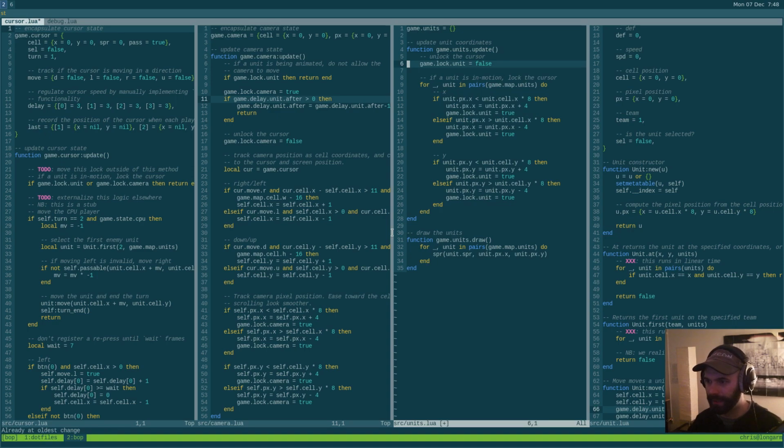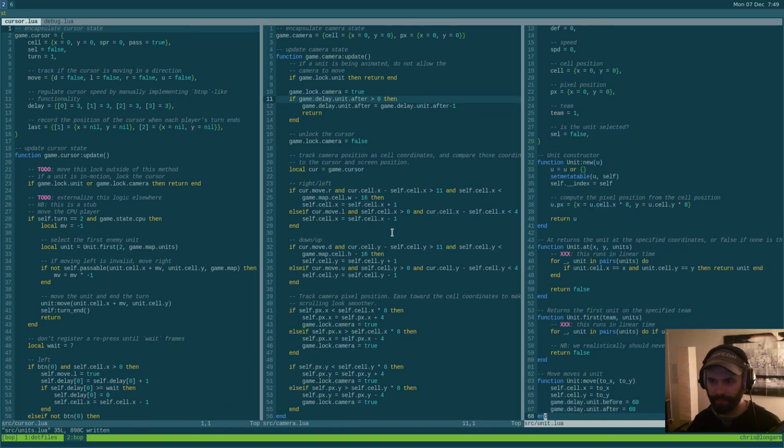Let's back out all that. Really, we kind of only need these pauses at all if it's the CPU's turn, I think.